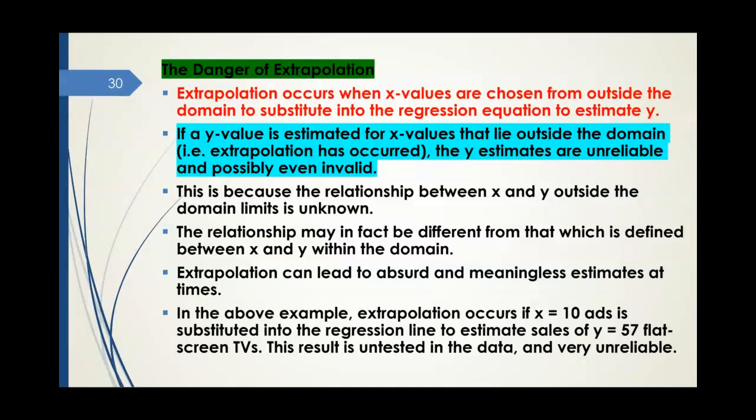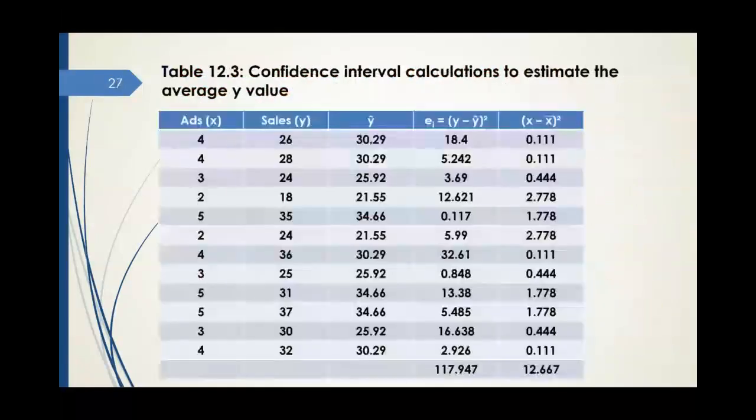Now we're looking at extrapolation. I want to look at a data set to explain this. Here we have the number of ads, and then we have all of the Y values. When we have 4 adverts, we get 26 sales.